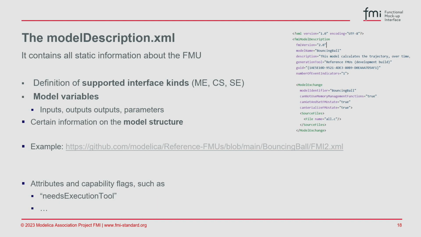In FMI3, we will see a third kind, the scheduled execution. The model description XML explains the model variables so that the importing tool can access them, and also certain information about the model structure. For example, to detect algebraic loops, you need some information on how the inputs and outputs of a model are connected.